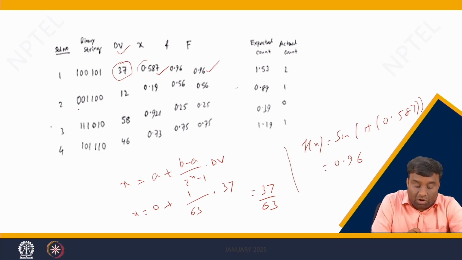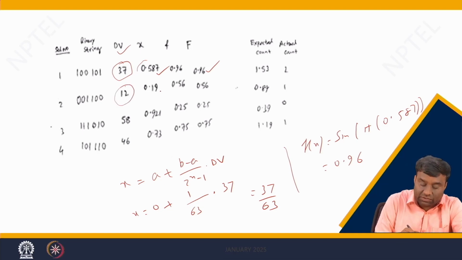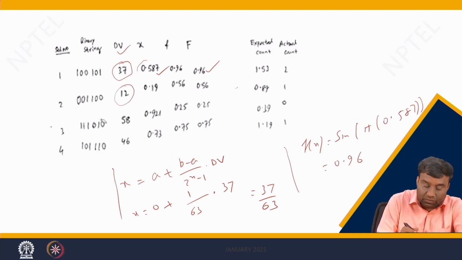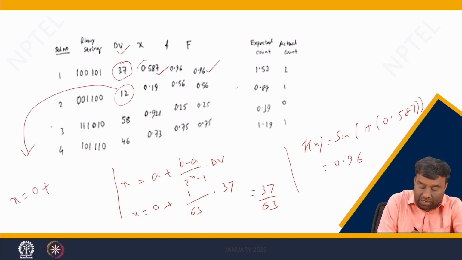Similarly, the second chromosome is 001100. The equivalent decimal value is 12. So for this value, x can be written as 0 plus 12 by 63, which is basically 0.19.